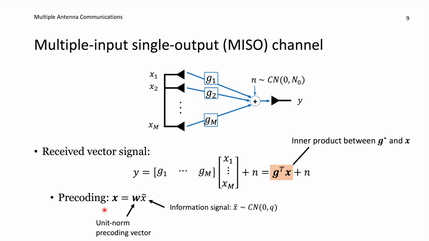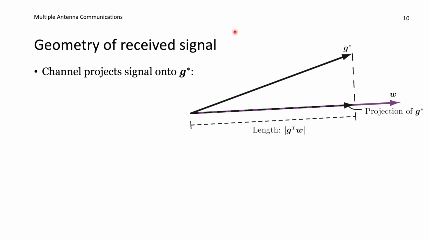When we are using precoding like this, the inner product even becomes something between g conjugate and w. And what that means geometrically is that we are transmitting something in a vector direction, w. It's not in our three-dimensional world, it is in the M-dimensional world where our transmitted signal lies. It's a vector space. And the channel is then projecting whatever we are transmitting onto g conjugate.